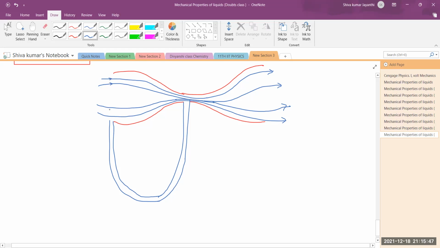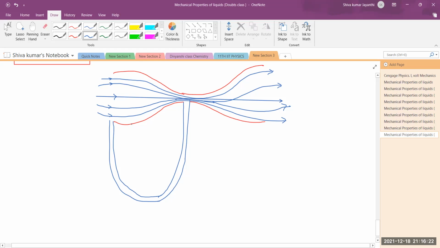So these are the streamlines of the streamline flow. Venturimeter also works only if the fluid is streamlined. If it is not streamlined, venturimeter cannot work because Bernoulli's equation doesn't work for non-streamlined flow. ये streamlined है. That is our approximation. Only then venturimeter works. So these are the lines of flow or laminar lines of flow.